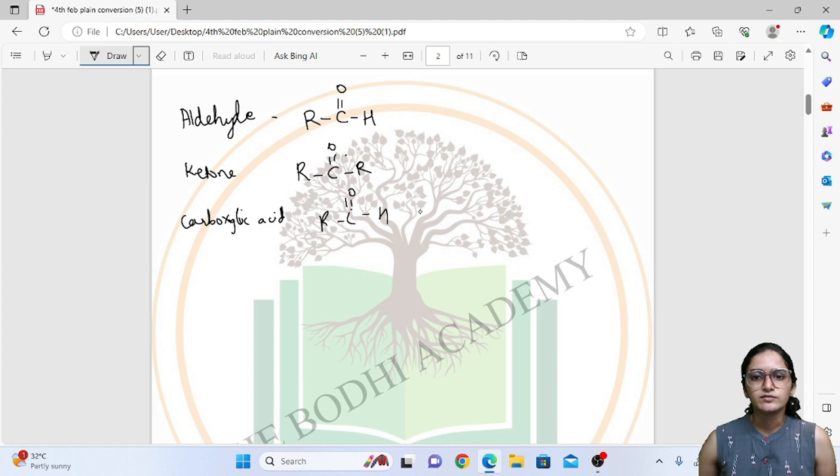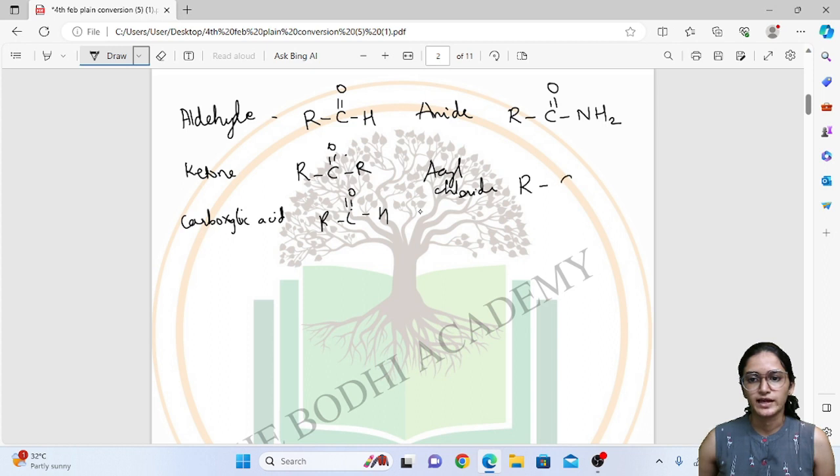Okay. Furthermore, we can have amide. Amide is also a carbonyl compound in which we have the formula C double bond O NH2. Okay, so this is the formula of amide. Then acyl chloride, which also has this group, is represented as R-C double bond O-X.